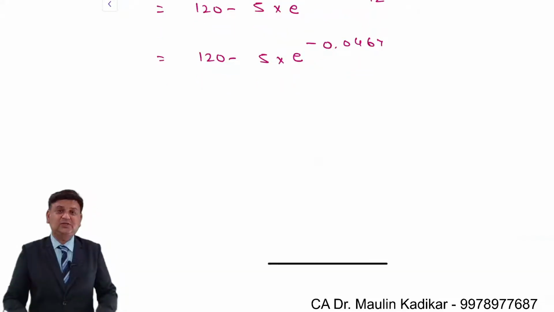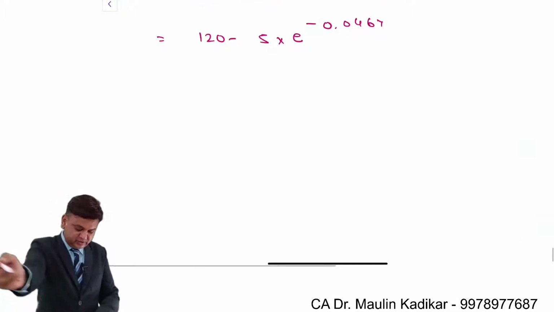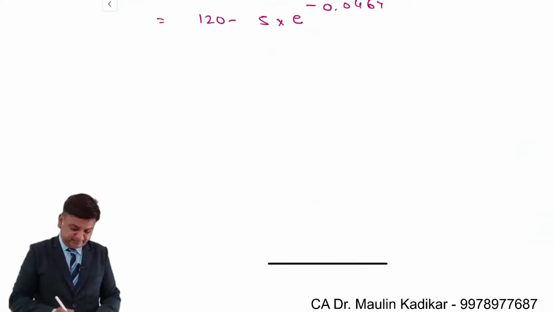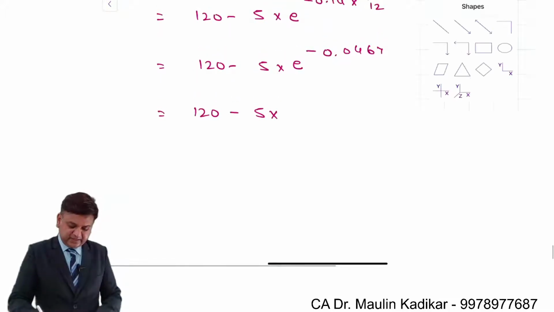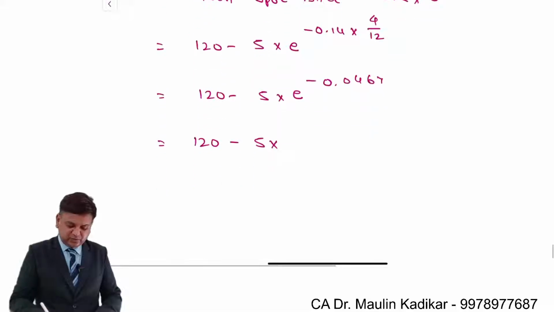However, directly 0.0467 will not be available with us. So we have to do interpolation of 0.04 and 0.05. So 120 minus 5 into e raised to, now what is the value for that? I am doing a small working over here.